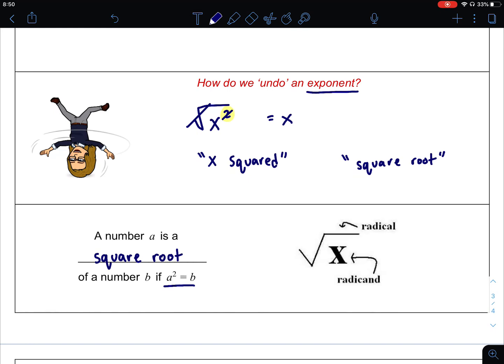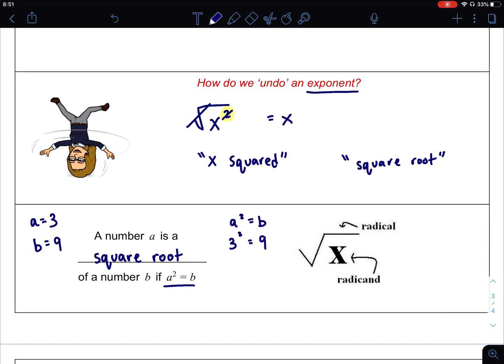And when that happens, put in some numbers. This says a squared equals b. Let's evaluate it for, let's say, a is equal to 3. So 3 squared would have to be 9. So b is equal to 9. And now let's read this statement over again.